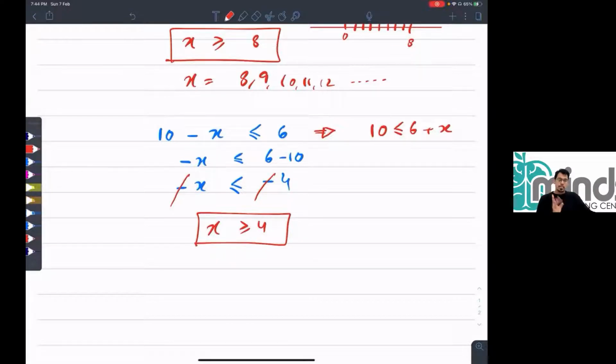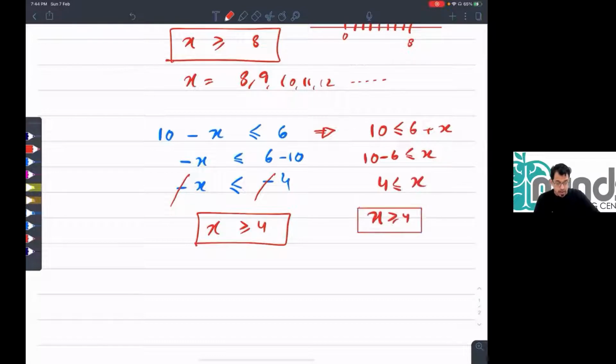Now it is simple. 6 is being added. If I move it to left, it will be subtracted. 4 is less than equal to x, that is x is greater than equal to 4. You can see you are getting the correct answer directly. You don't need to reverse that sign. How many of you are actually getting both the methods that I have done?